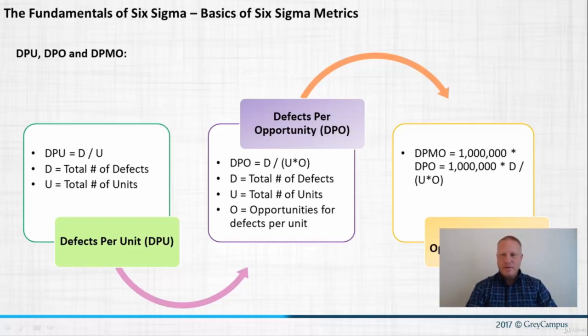And then defects per million opportunities, or DPMO. That's often used to level the playing field. For example, if we go back to the automotive example, a steering wheel supplier has one defect opportunity per vehicle, but a tire wheel supplier has 4 or 5 opportunities.